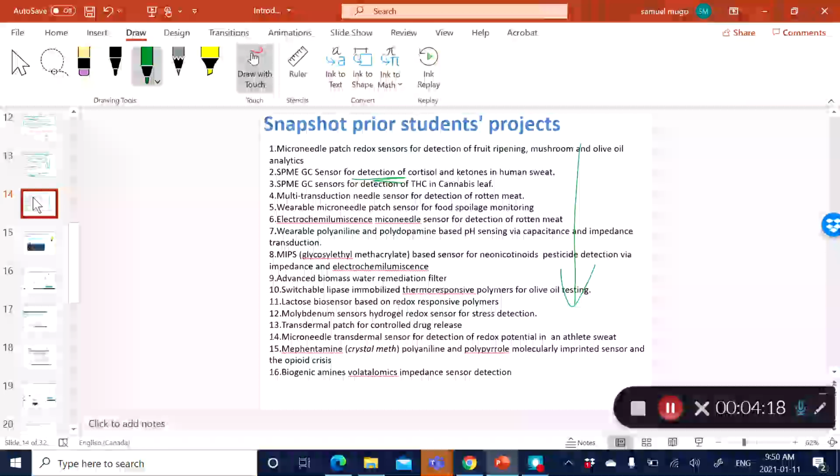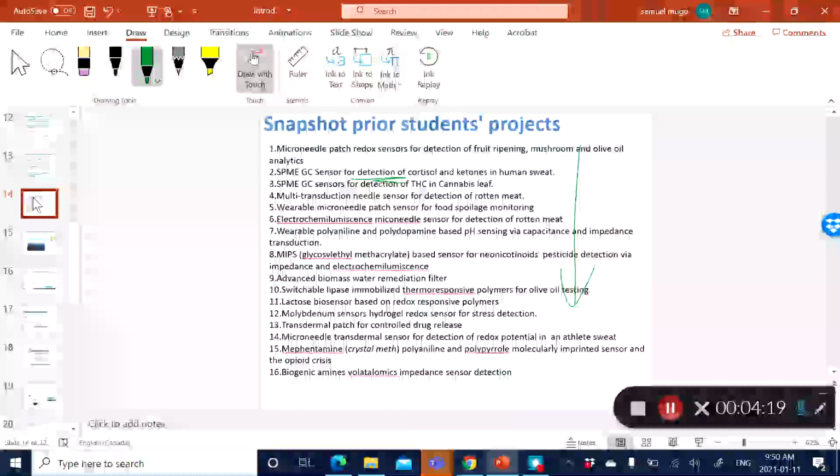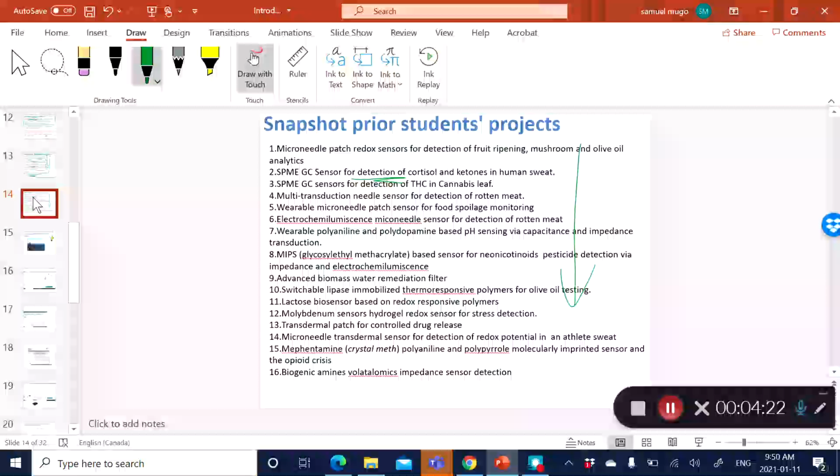Another interesting project that no one picked up, but it's interesting, is a microneedle sensor that can be used for detection of fruit ripening, mushroom quality assessment and olive oil analytics.